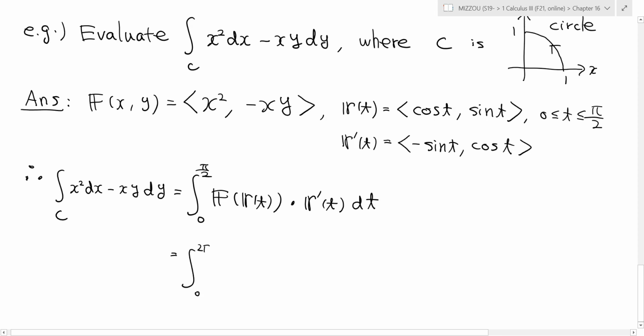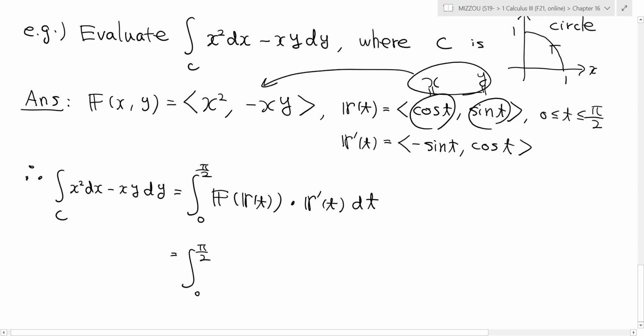So what you do is stick in r of t to the vector field you integrate. That means this is x and this is y, and all you have to do is plug those into x and y here. So you get the vector cosine squared t and then negative cosine t sine t.